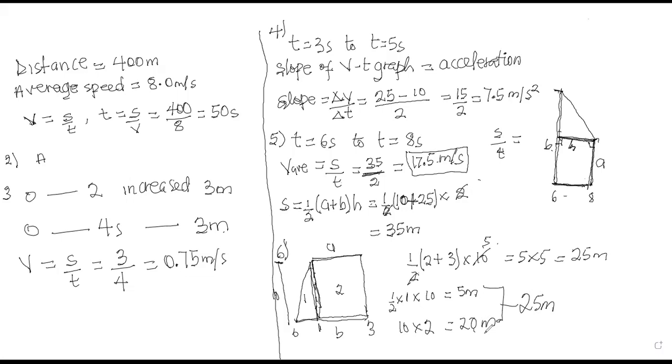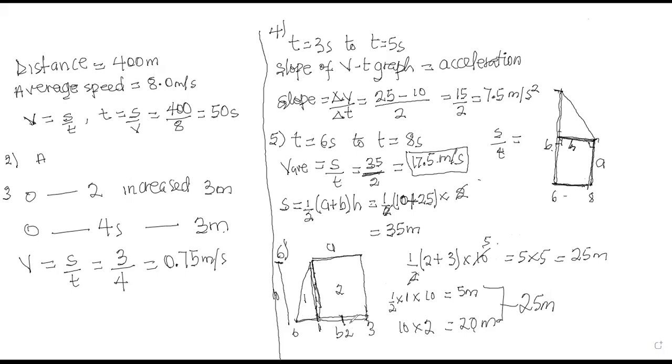Benjamin. Yes, sir. Sir, please, can you go over number 6 again? Number 6, you see, area under a velocity or speed-time graph is equal to the total distance traveled. So that's the first thing you must understand. So when you look at the question, it is during the first 3 seconds, so 1, 2, and 3 seconds.